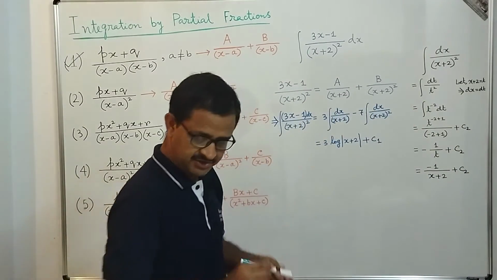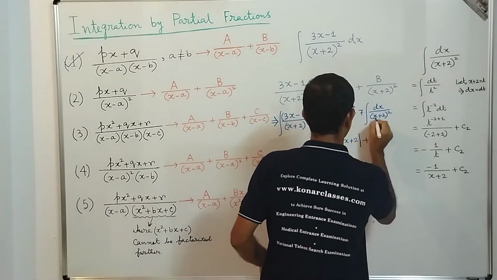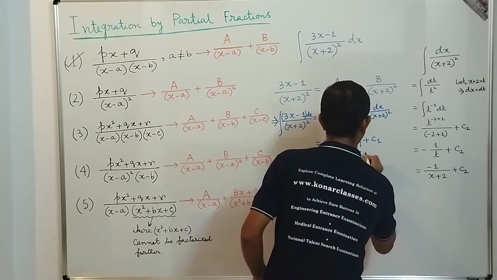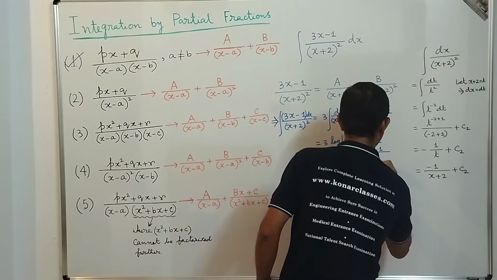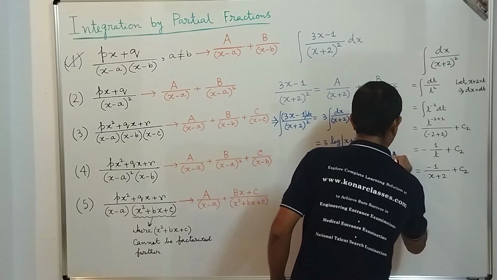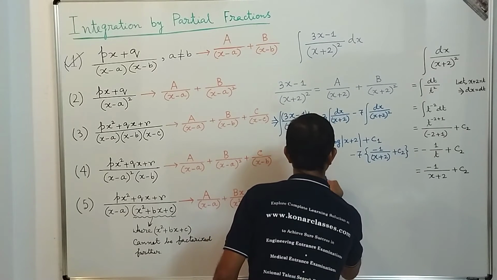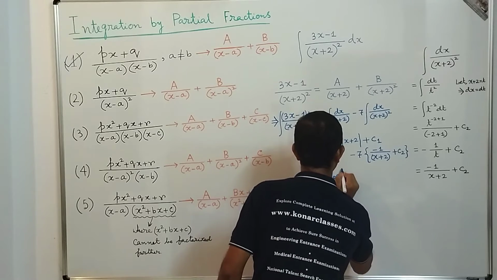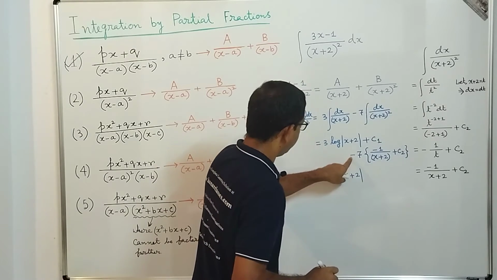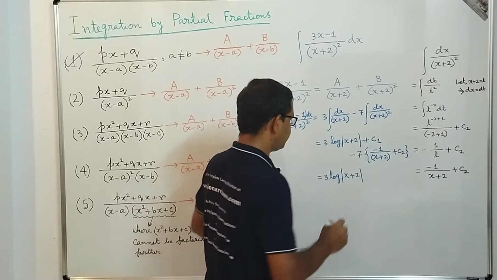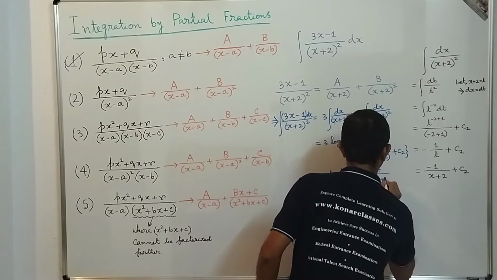So what we can write here, dear students, is minus 7 into minus 1 divided by x plus 2 plus c2. So the value of this integration we are getting is 3 log mod x plus 2, then minus 7 into minus 1 becomes plus 7, so plus 7 divided by x plus 2.